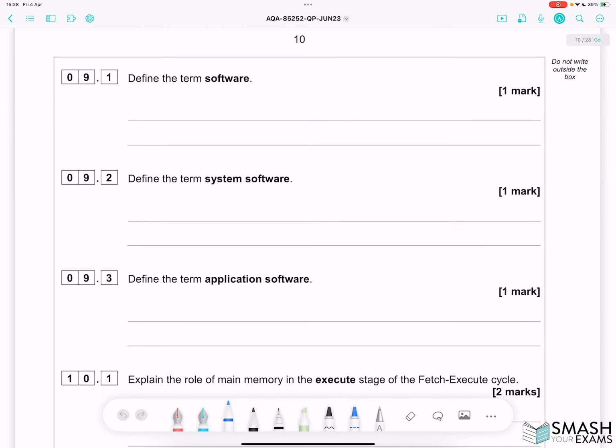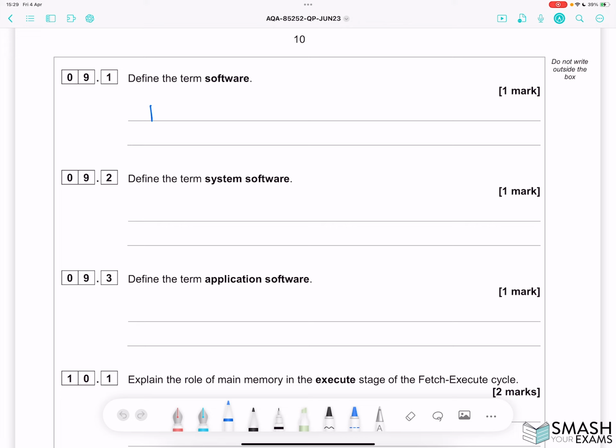We now need to see if we can define the term software. All right. Well, what is software? What does software do? We're trying to get our brain into that part of the specification now. So I guess we could probably say software is some form of program which can be executed by the hardware on the computer. That would make sense.